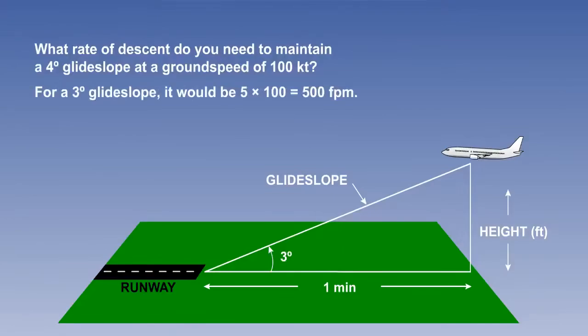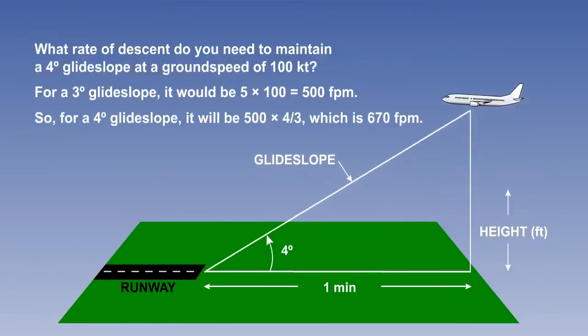For a 3-degree glide slope, it would be 5 times 100, 500 feet per minute. So, for a 4-degree glide slope, it will be 500 times 4 over 3, which is 667 feet per minute. Call it 670 for practical purposes.